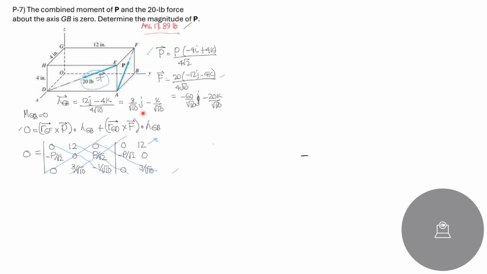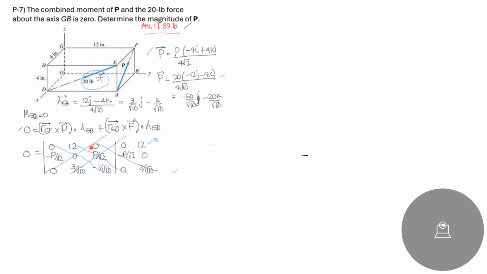So we already defined the unit vector of GB and the forces P and F. Substitute. So this is for RGF. RGF is just 12 along Y, so that's 0, 12, 0.